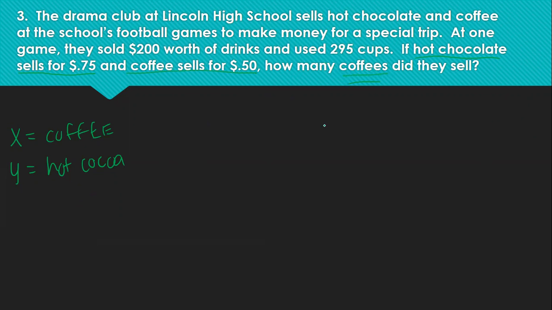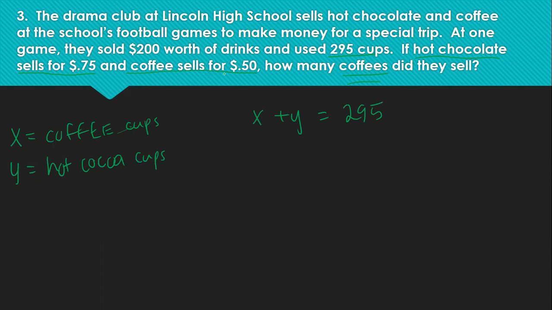No, it wants to know how many coffee cups, right? So this is representing the coffee cups, and this is representing the hot cocoa cups. So all together, how many cups did we sell? So we know x plus y has to equal 295.